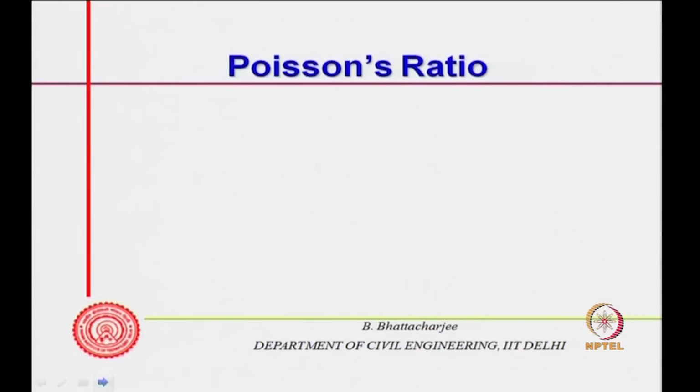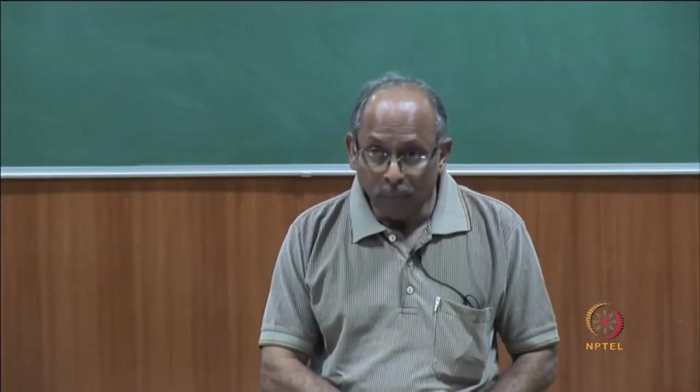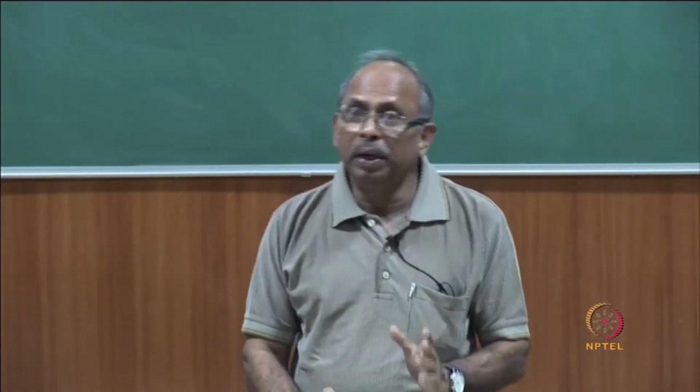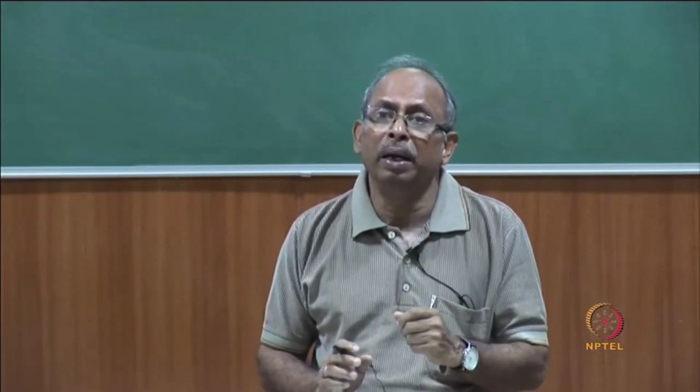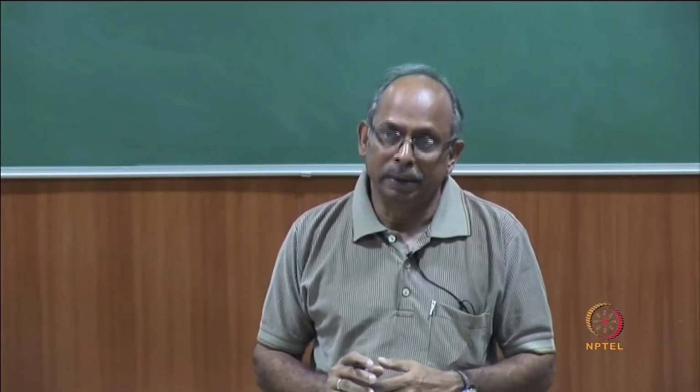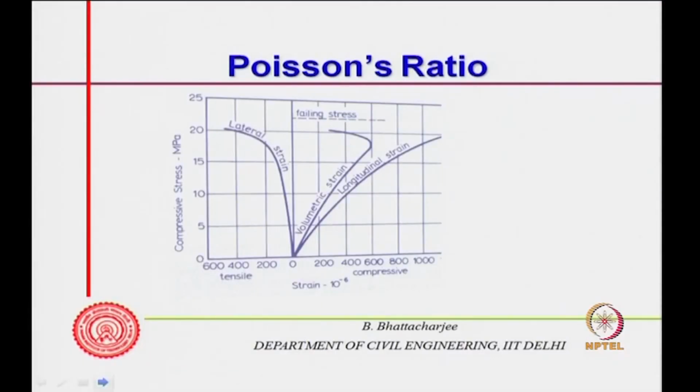Now, let us look at the next property, which is Poisson's ratio. This is important to find the lateral deformation when you have applied a longitudinal stress, in an axial situation and so on. When you apply load, this is compressive loading, this is tensile, and the strains are here.